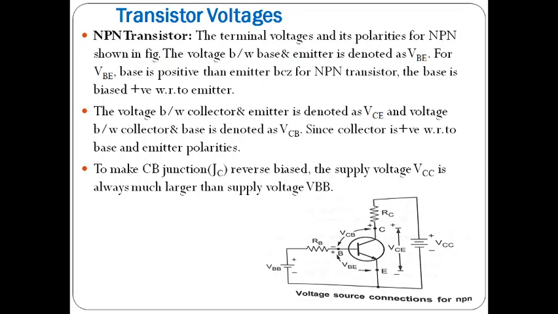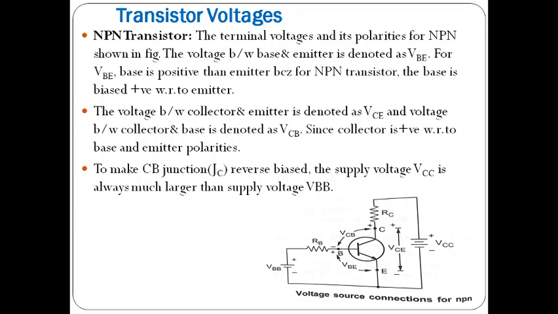So the collector is more positive with respect to the base and emitter. So that's why this VCB, the potential between the collector and base, is also positive. Clear? So you can observe here VCB, VBE and VCE.